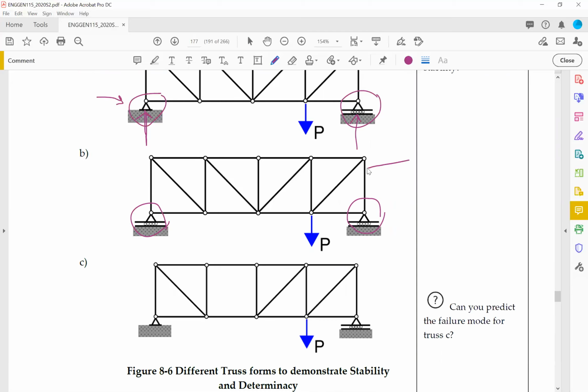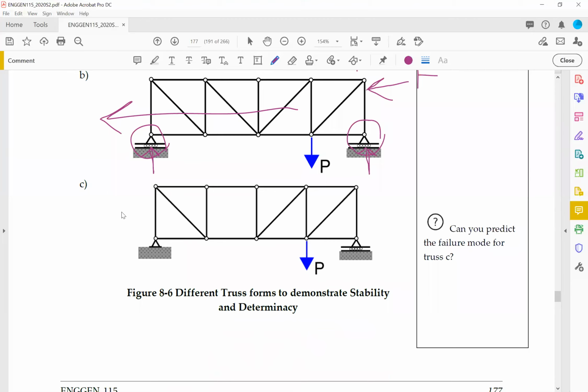And so if we were to apply a horizontal force, because these two reactions only have vertical forces to counteract that P force, any horizontal force on this structure, this truss would just go flying to the left. So that means it's externally unstable. But anyway, let's go to internal stability.